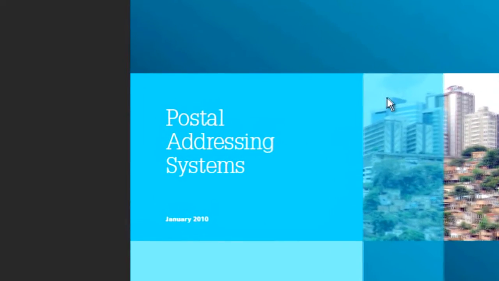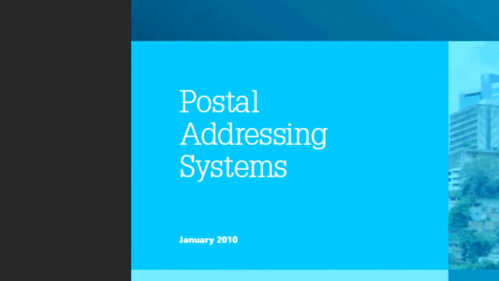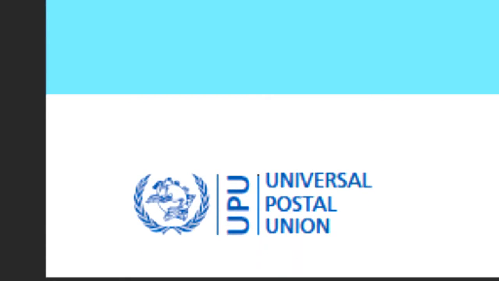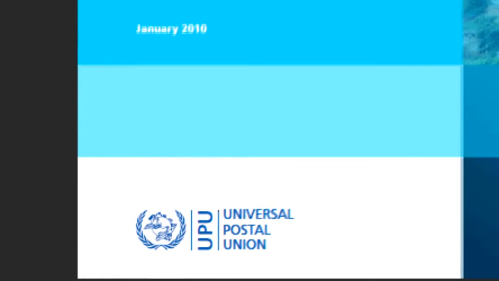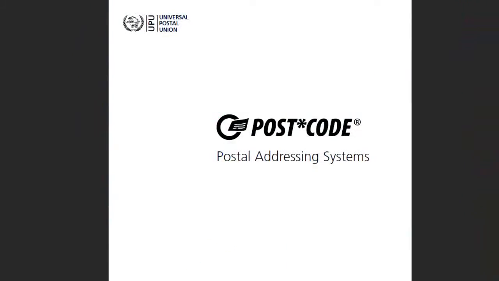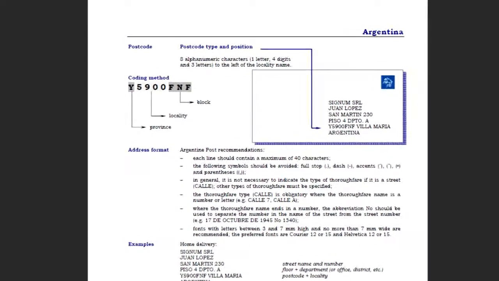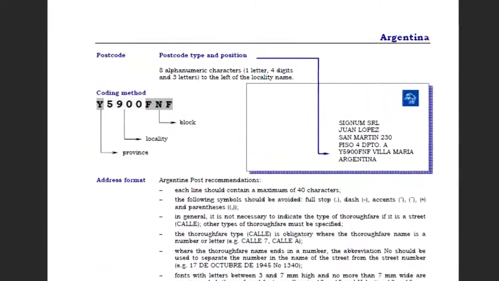ZAC's postal code formats have been obtained from official Universal Postal Union documents for all 192 member countries. Let's try to enter the address in the example provided by the Universal Postal Union.